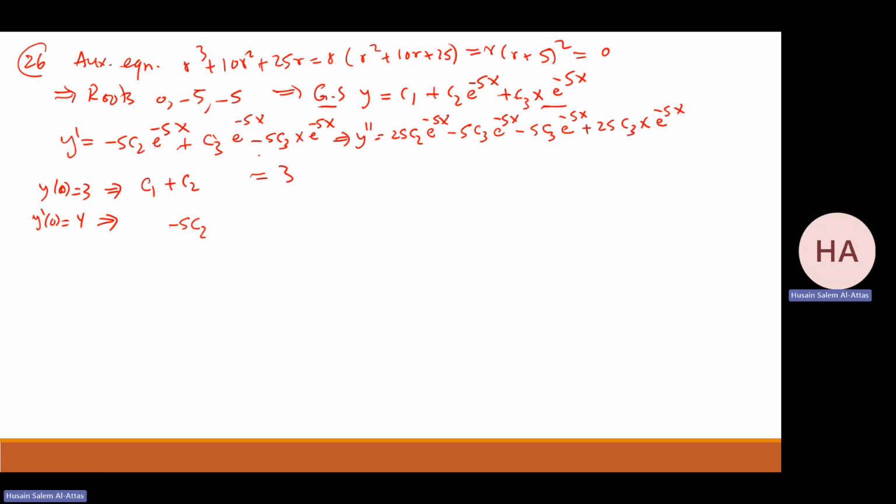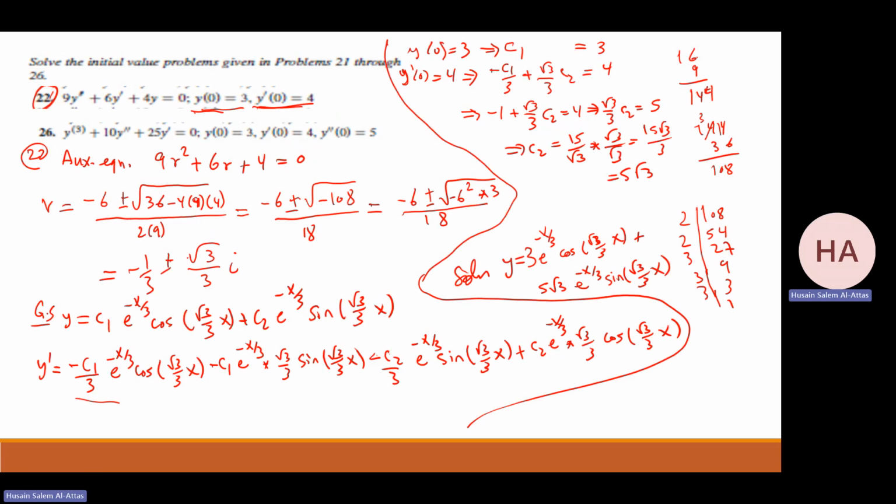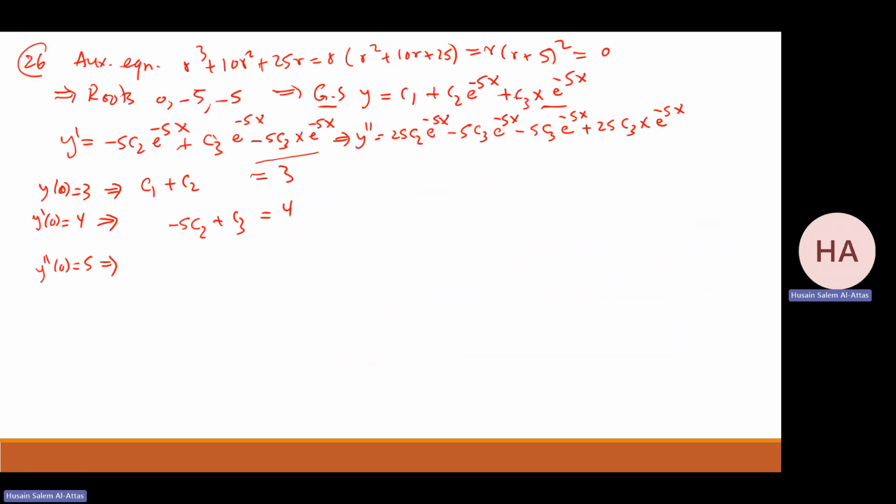This is 0. So I have plus c3. That would be equal to 4. Y double prime at 0 equal 5. Am I right? It's 3, 4, 5. It's a good one. So I have what? 25c2 minus 5c3 minus 5c3. That will be minus 10c3. That would be equal to 5.